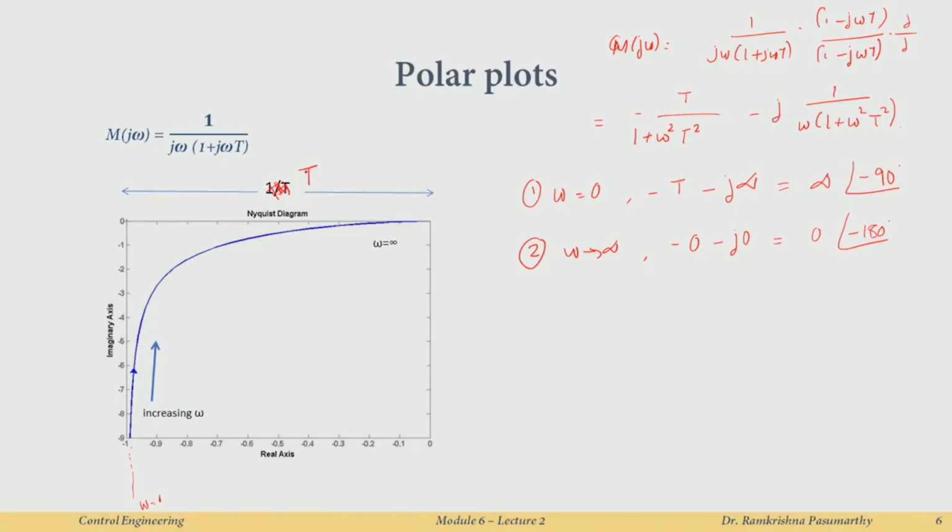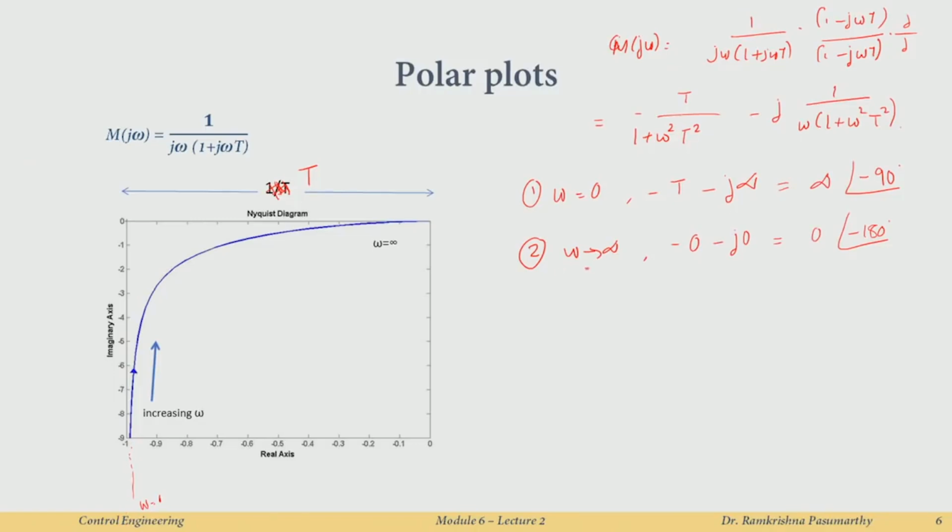So the real part touches this line at minus t asymptotically. This is the phasor minus t minus j infinity. So at infinity, I just asymptotically touch this line. The real part is t and the imaginary part goes to infinity.